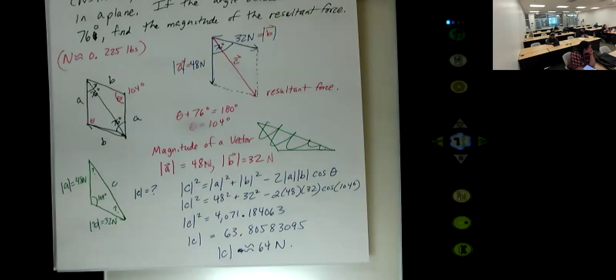That's the answer to the question. It's the magnitude, it doesn't tell us direction, it just tells us magnitude. In the next problem, we'll look at finding the direction too.